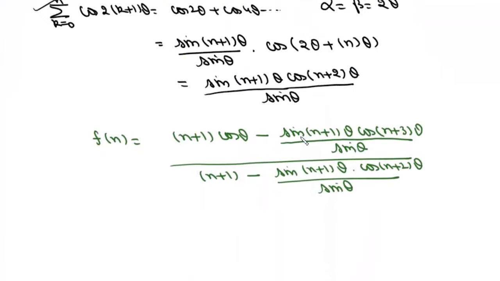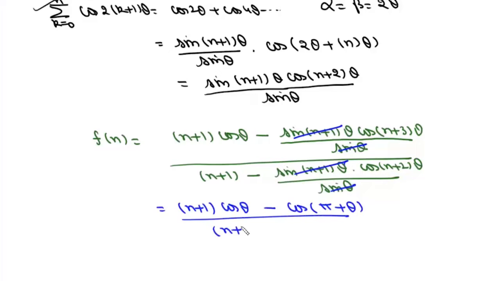So sine(n plus 1)theta and sine theta will cancel, and here we'll get (n plus 1)cos theta minus cos(n plus 3)theta. Now (n plus 2)theta is pi, so it will be cos(pi plus theta), and here it will be n plus 1 minus cos pi.